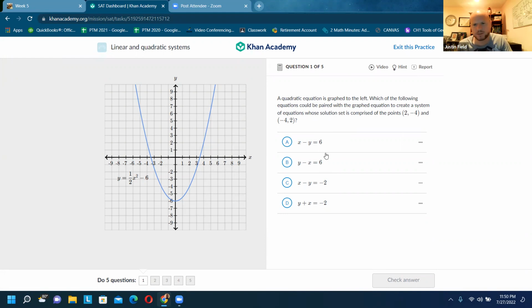Okay, so we want to know 2, negative 4, and negative 4, 2. So we see that those are on this graph, and we want to find the equation that most likely is like that.